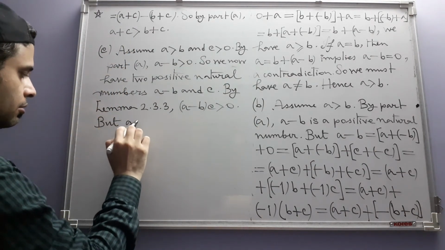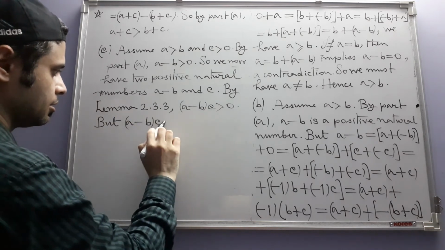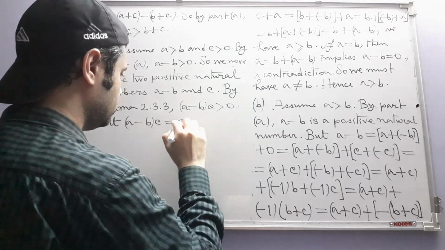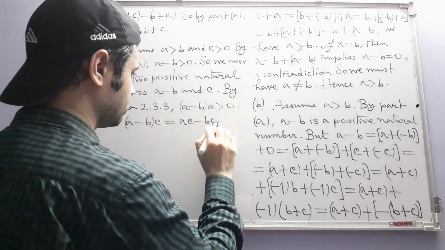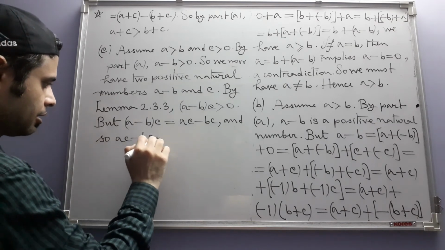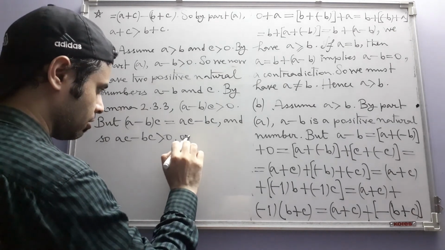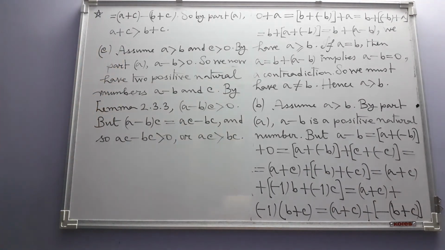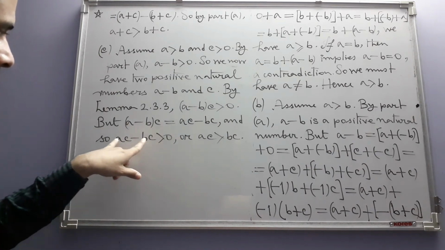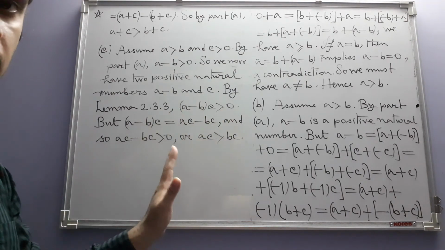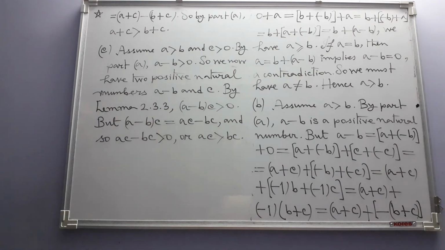But a minus b times c is equal to, we have already seen this calculation once, we are not going to do it in detail, ac minus bc, and so ac minus bc is greater than 0 or ac is greater than bc. This one just says that ac minus bc is a positive natural number, and so ac is greater than bc. And that's how we have part C.